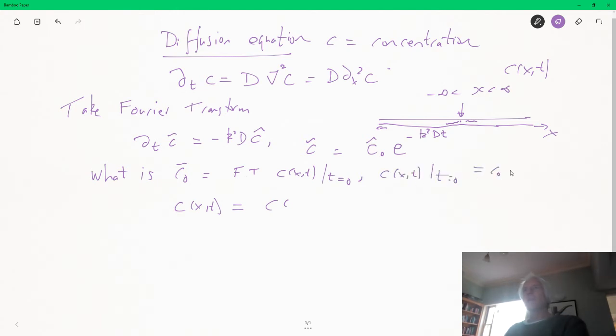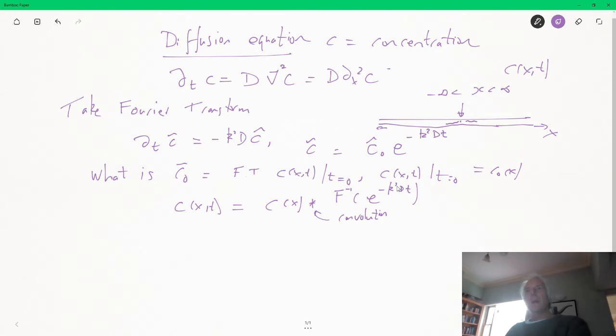Just some notation here, we'll call this c naught of x. Okay, so the inverse Fourier transform of this is the convolution. So it's c naught of x, this double star means convolution, of the inverse Fourier transform of e to the minus k squared Dt.